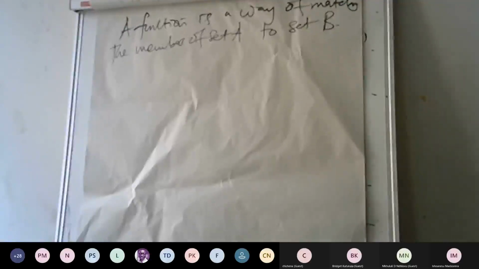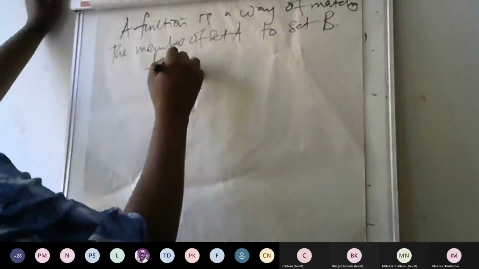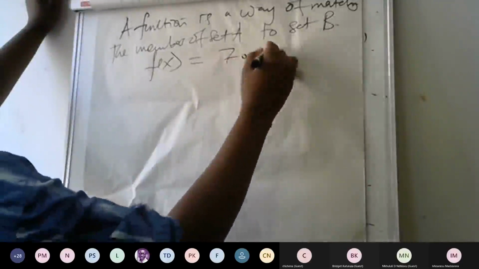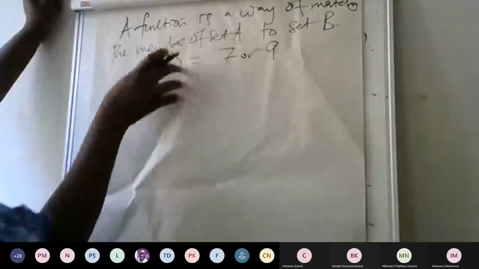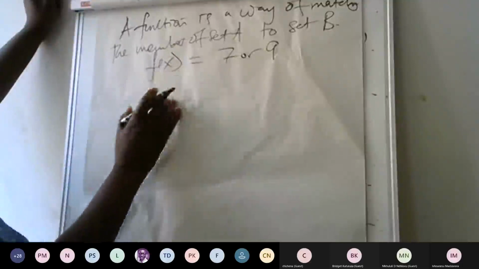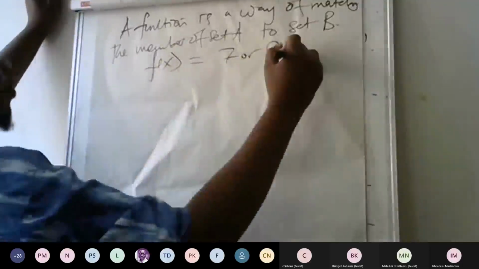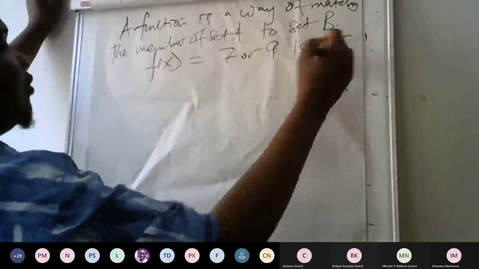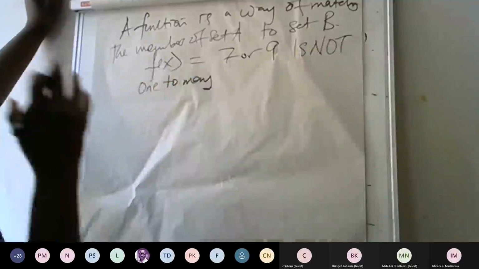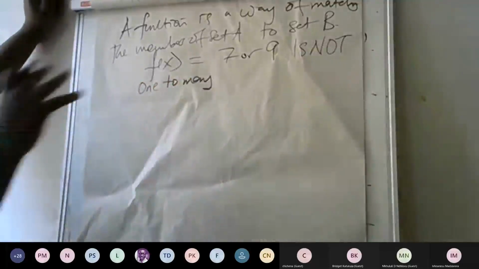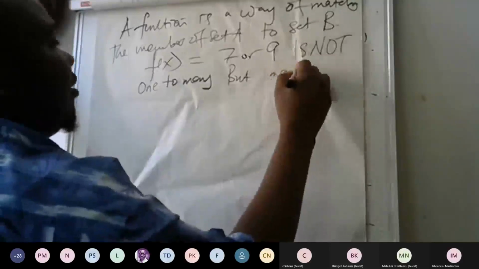What it means is that you cannot have f of x being equal to 7 or 9. Whatever the values of x that you feed in here, you cannot have one going to 7, one going to 9. So a function is not one to many, which means from one value you cannot go to many values, but it can be many to one.